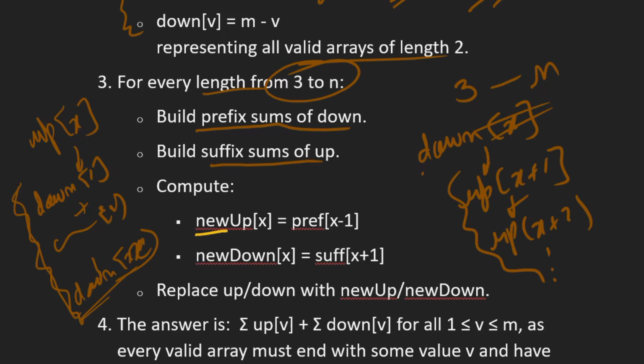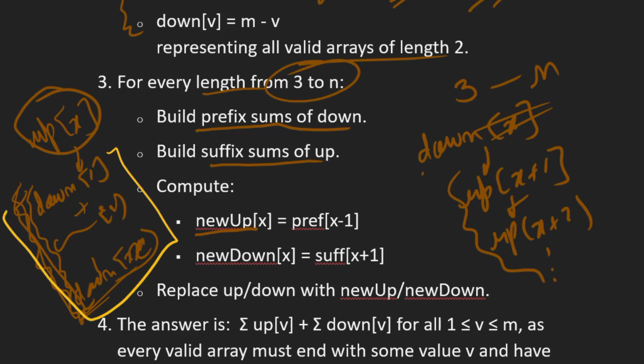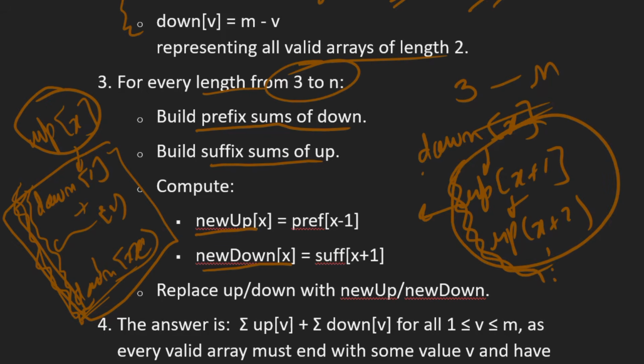So now if you have to compute new up of x, that will be the prefix sum of down up to x minus 1. Similarly, if you have to calculate down of x, then we need the suffix sum of up from x plus 1, right?